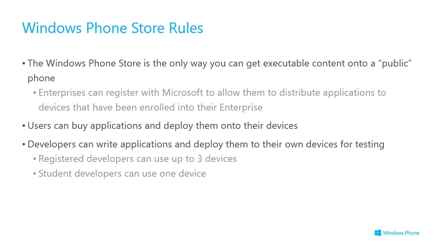So there's no way you can send a XAP and get it onto a locked phone. Like I said with the application deployment tool, sure, you can take a XAP and install that onto a developer unlocked phone, subject to that limit of a maximum of 10 at any one time. But for normal consumer phones, the only way they can get apps onto their phone is by buying them from the store.